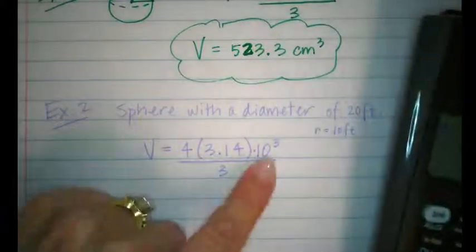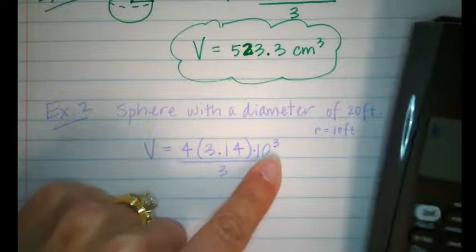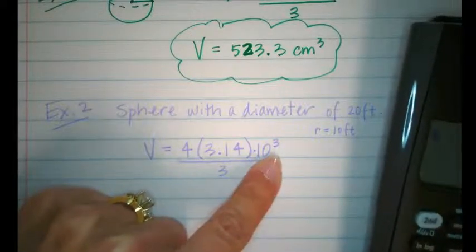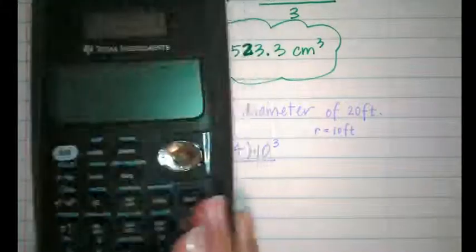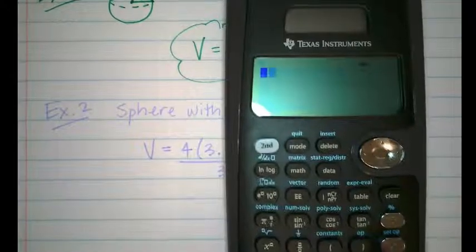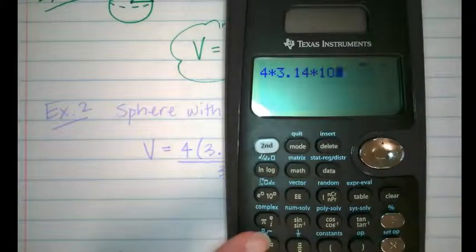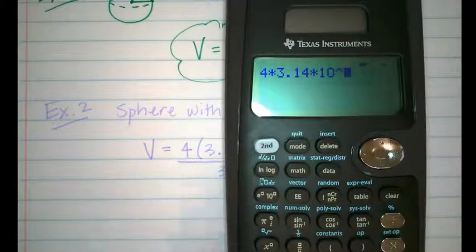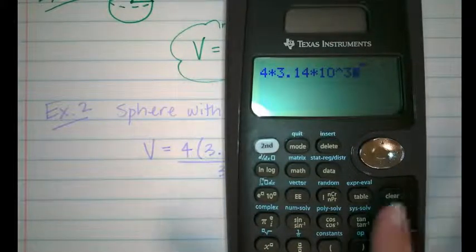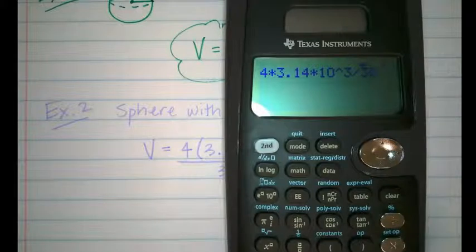And we know what 10 to the third is, so we could go ahead and just type that in, or you can write it as 10 to the third. So we need to multiply, let me move it where you can see it, 4 times 3.14 times 10, and then this is the exponent button, to the third, and then we need to divide the whole answer by 3.